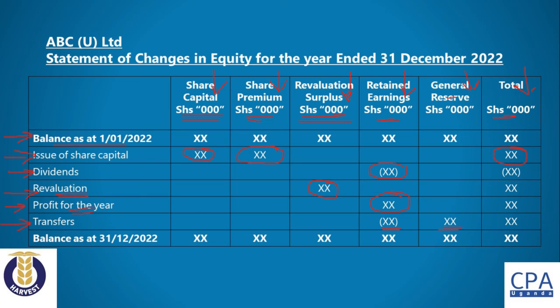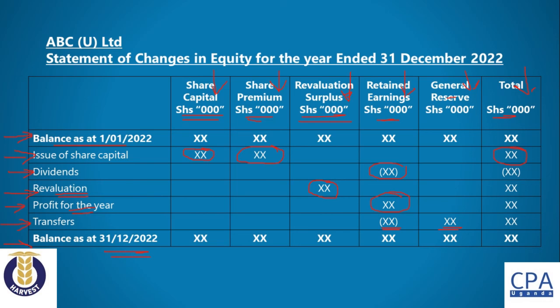So at the end of the day, after capturing all these figures, we now close off our statement of changes in equity, each column showing the balance as at the end of the financial year, depending on which financial year. Here I'm using an example of 31st of December 2022.